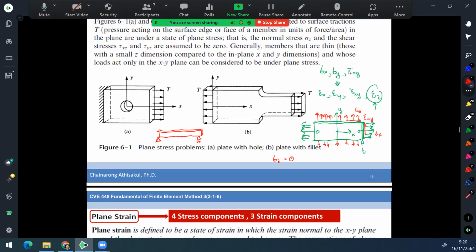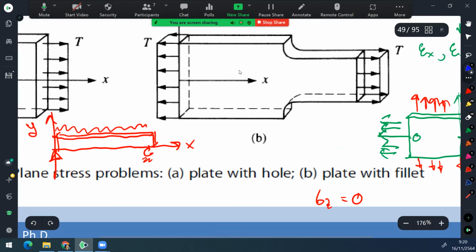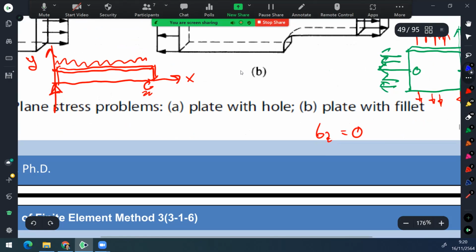But when we simplify a beam subject to distributed load, we model it something like this. This is y, this is x. When it is subject to distributed load, we consider it according to the mechanics of materials that we have learned. When it is subject to this, what is that?